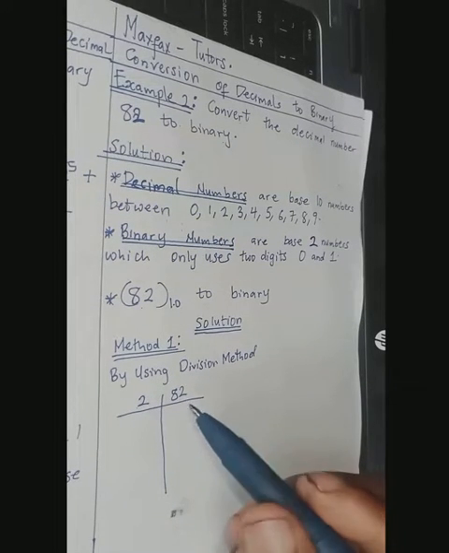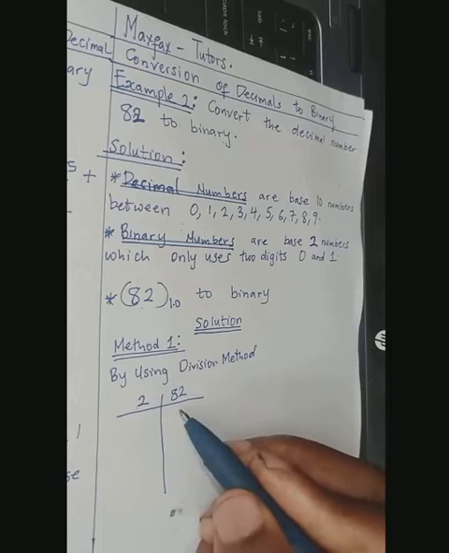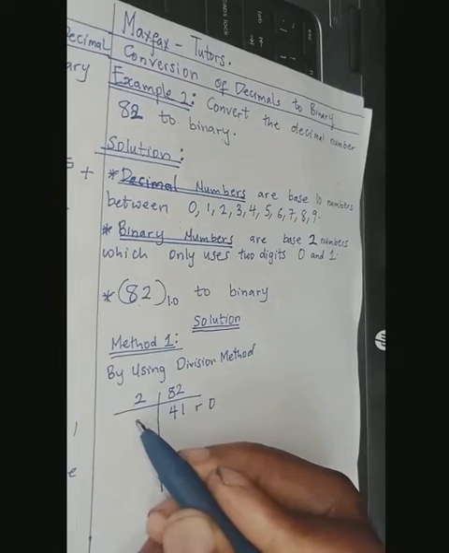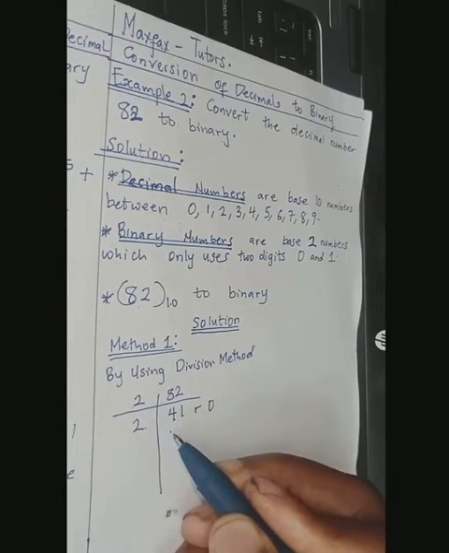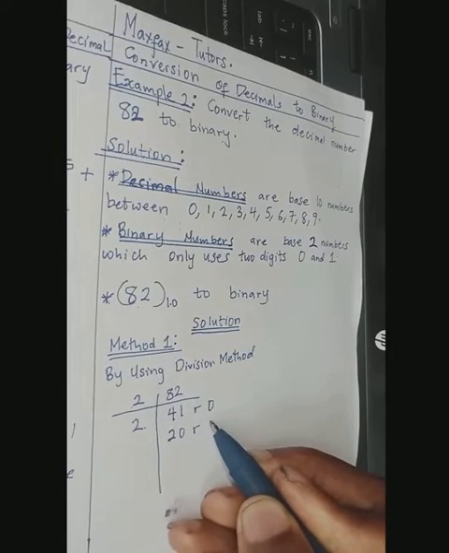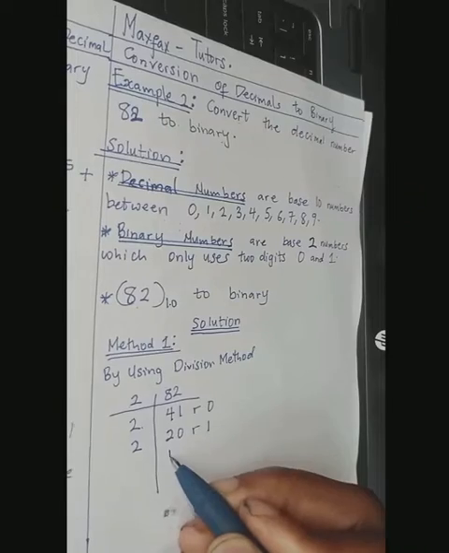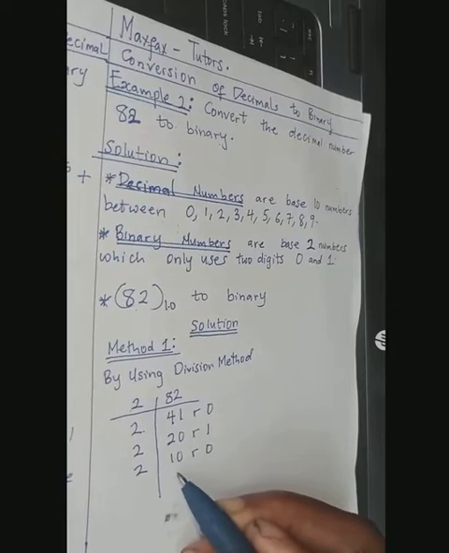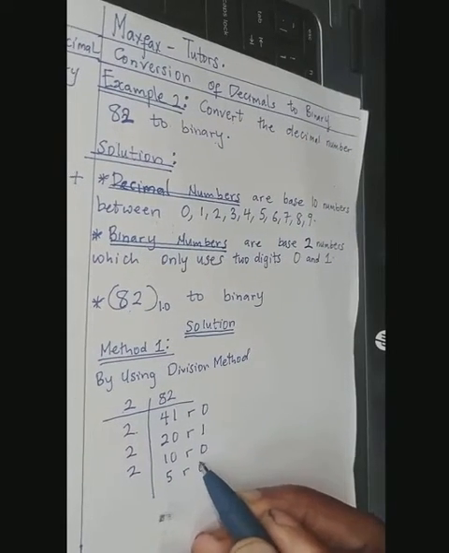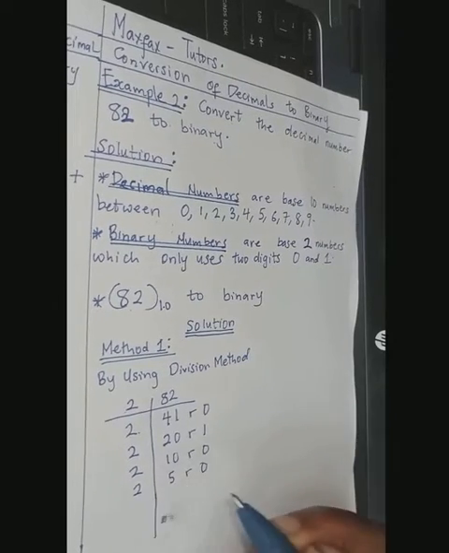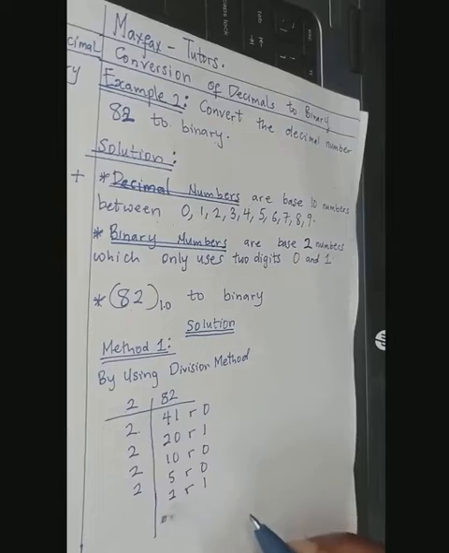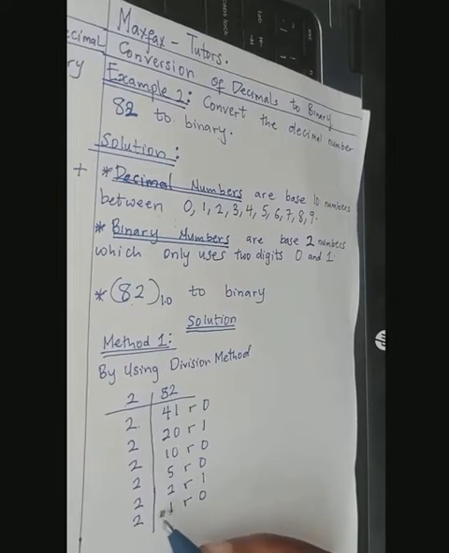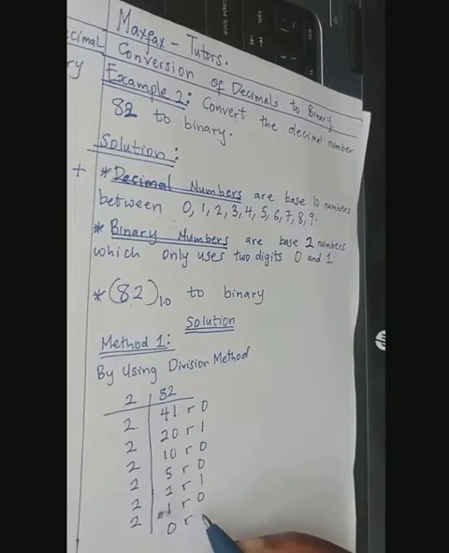2 in 82 will give us 41, remainder 0. 2 in 41, 20, remainder 1. 2 in 20, 10, remainder 0. 2 in 10, 5, remainder 0. 2 in 5, 2, remainder 1. 2 in 2, 1, remainder 0. 2 in 1, 0, remainder 1.